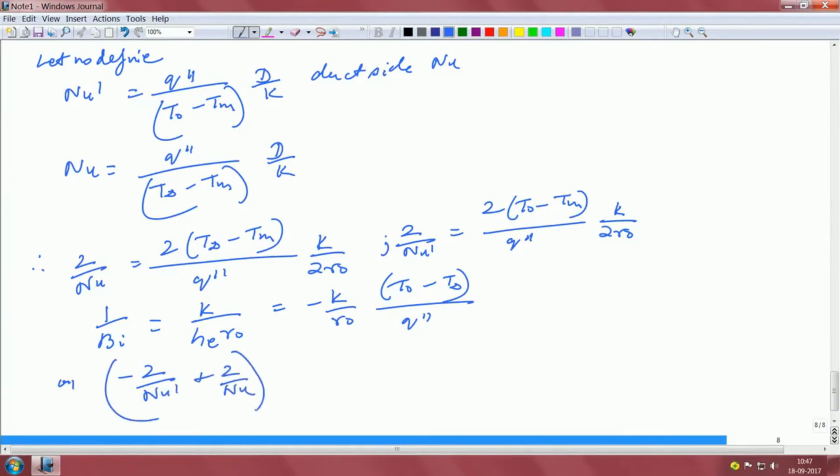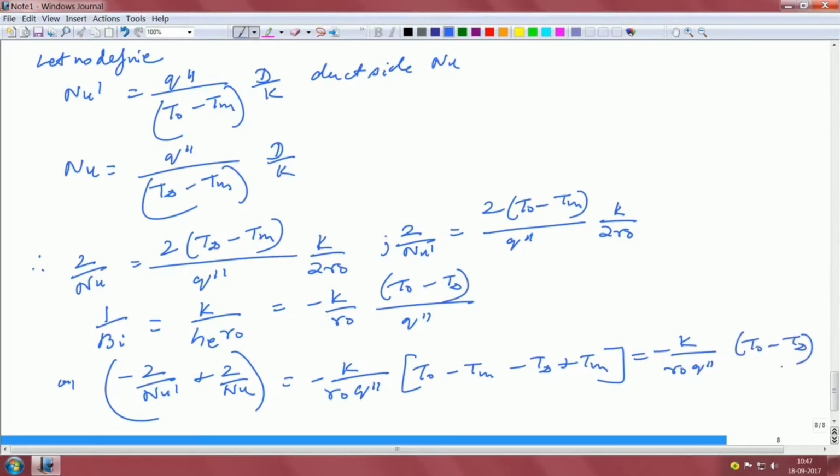You just add the two together, and it will come out as k R naught over Q double prime times (T naught minus Tm plus Tm minus T infinity), which is nothing but 1 over the Biot number.